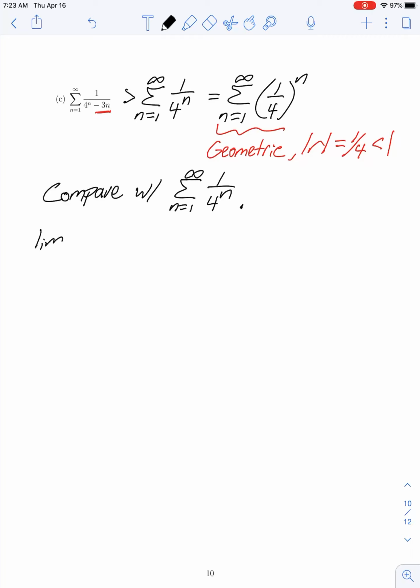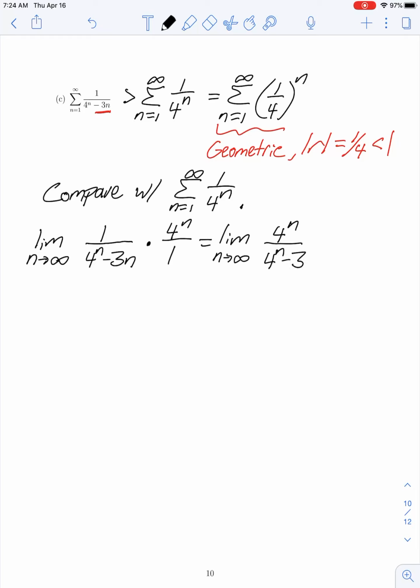So using our limit comparison test, we would be taking the limit as n approaches infinity of our term for the given series, 1 over 4 to the n minus 3 times n, and then we would divide by 1 over 4 to the nth, or equivalently, multiply by 4 to the nth over 1. So we then have the limit as n approaches infinity of 4 to the nth over 4 to the nth minus 3n.